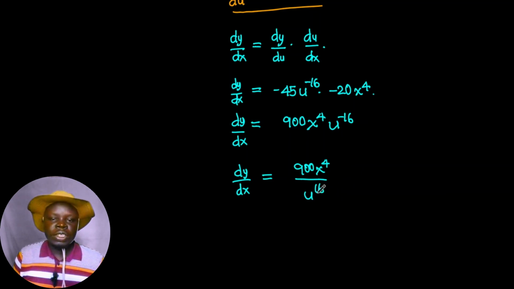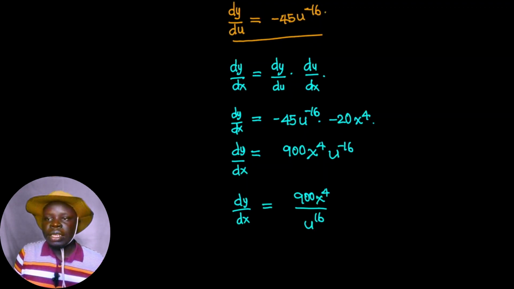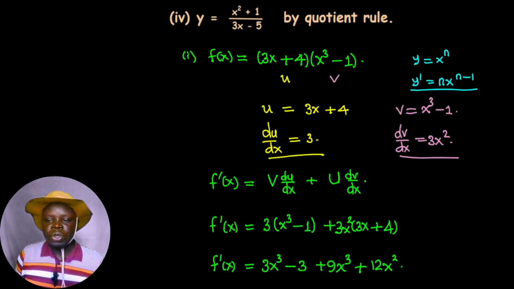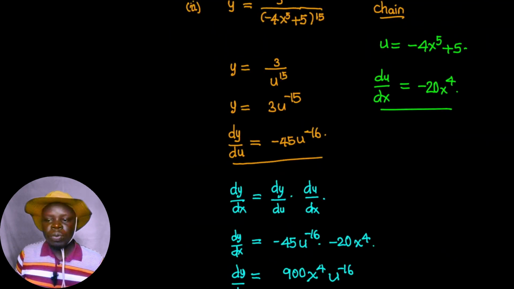Now at this stage, we can go on and replace the value of u by what we let earlier on here, and that is u is given by this function here. So negative 4x to the power of 5 plus 5 represents u. So we can place it back in that expression, and our solution will be done.